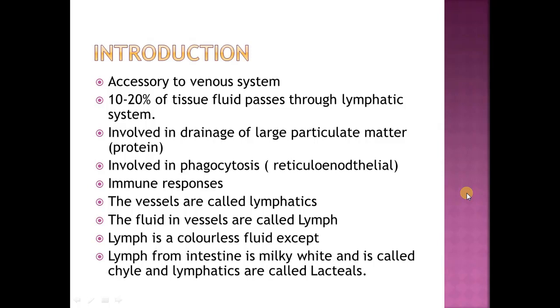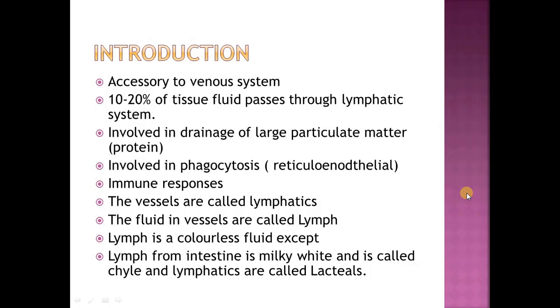Only in certain large vessels you can see some capillary plexus on the surface, which gives red streaks on the surface. Through that we can identify the lymph vessels. The only lymph vessel which can be recognized with the naked eye is the thoracic duct, which I will speak about after a couple of slides.